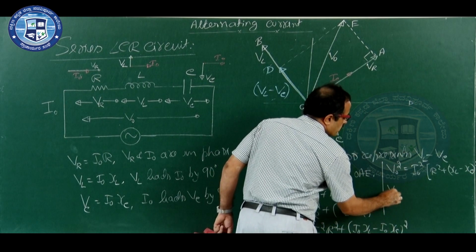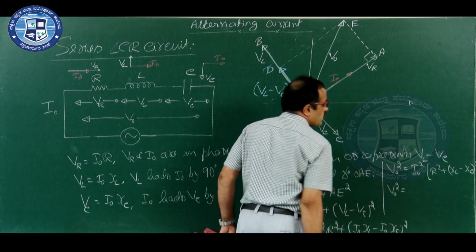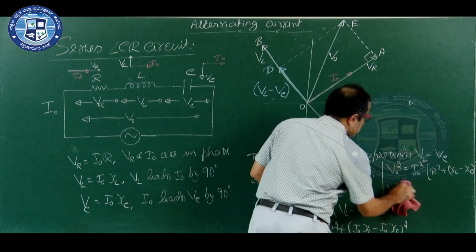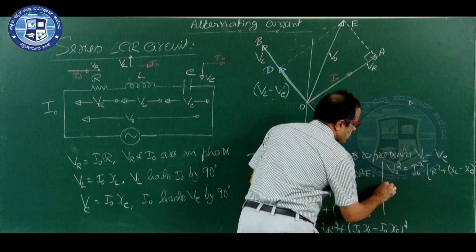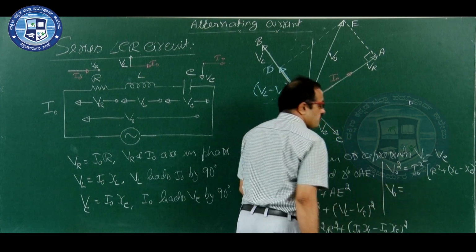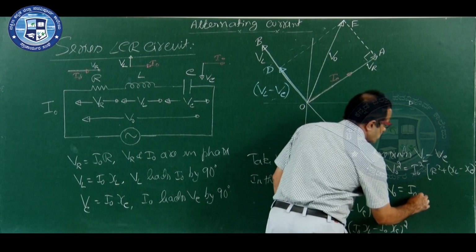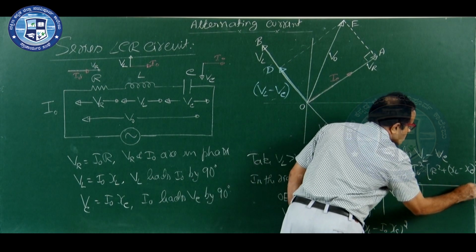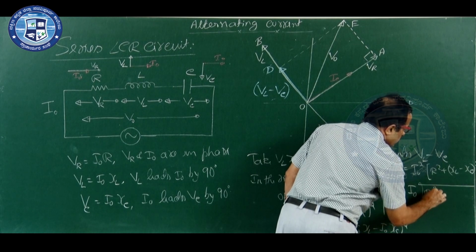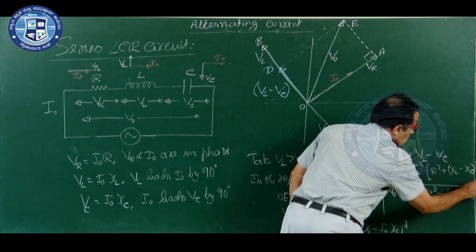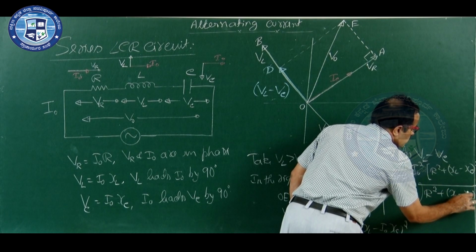Taking the square root, V naught is equal to I naught into square root of R square plus XL minus XC whole square.